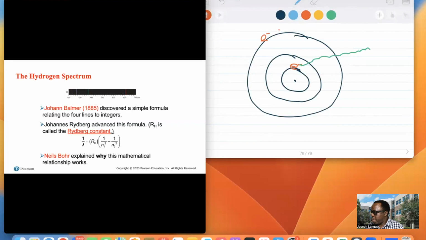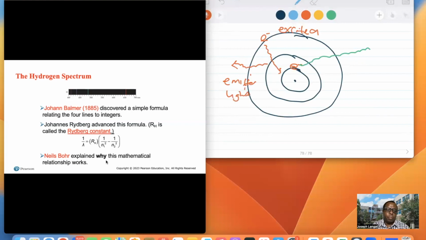It is excited. If it drops, it emits light.